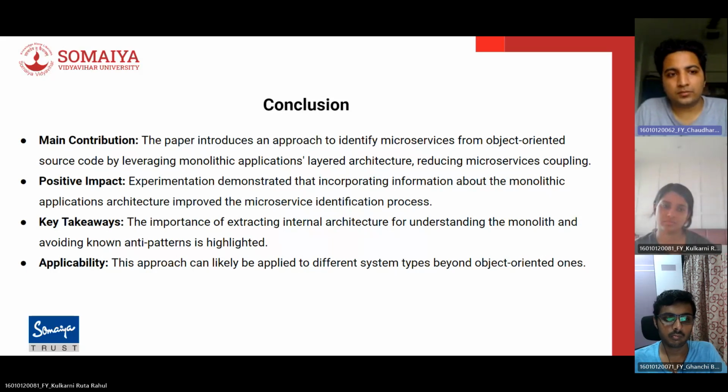Secondly, it has a positive impact: experimentation demonstrated that incorporating information about the monolithic application's architecture improved the microservice identification process. Third, the key takeaway is the importance of extracting the internal architecture for understanding the monolith and avoiding unknown anti-patterns. And lastly, applicability: the approach can likely be applied to different system types beyond object-oriented ones.